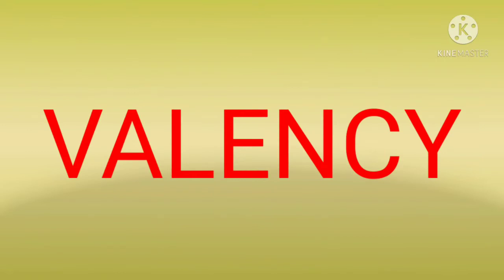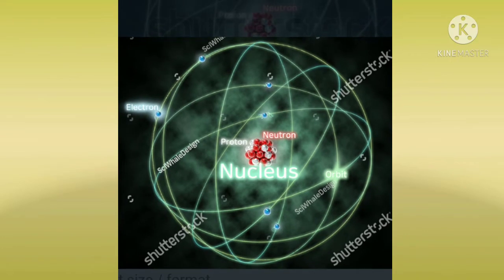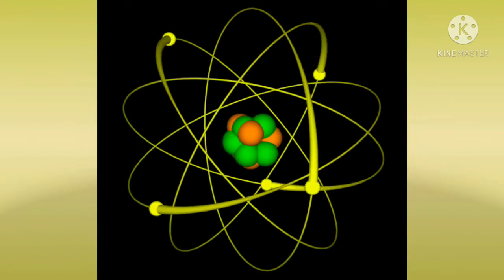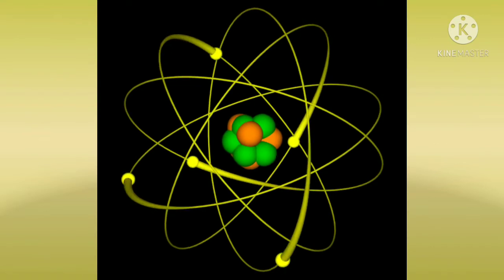In order to understand the valency of elements clearly, we need to learn a little about Rutherford's atom model here. According to Rutherford, an atom consists of subatomic particles, namely protons, electrons, and neutrons. Protons and neutrons are found at the center of an atom called the nucleus.